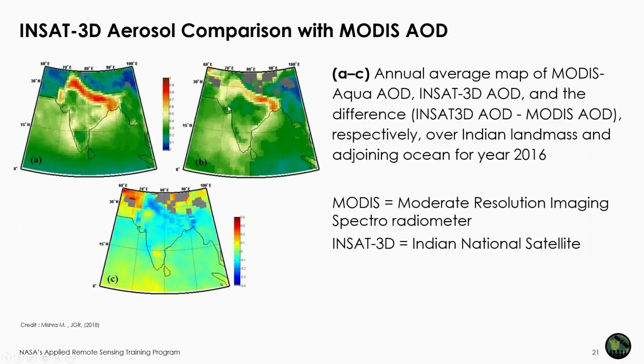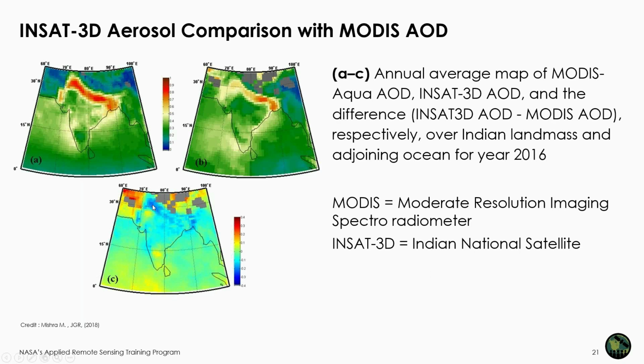Similarly, this is a comparison with the MODIS. So here is your annual average map of MODIS, and this is the annual average AOD map of INSAT, and both of them are able to capture this high AOD region in the north Indo-Gangetic belt, and this is the difference image. So more or less over oceans and the peninsular India, differences are pretty low.